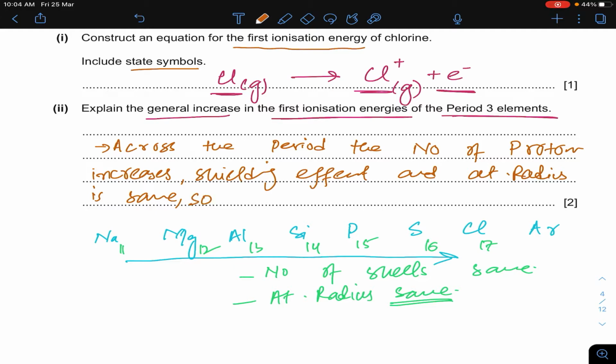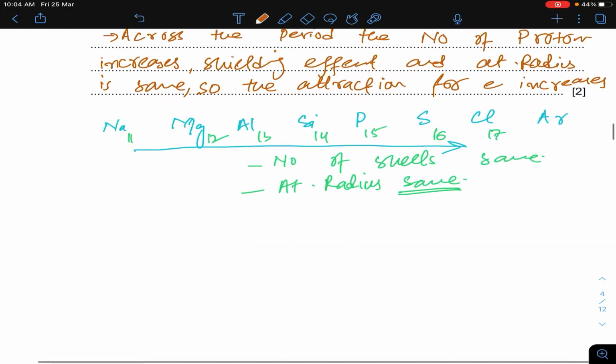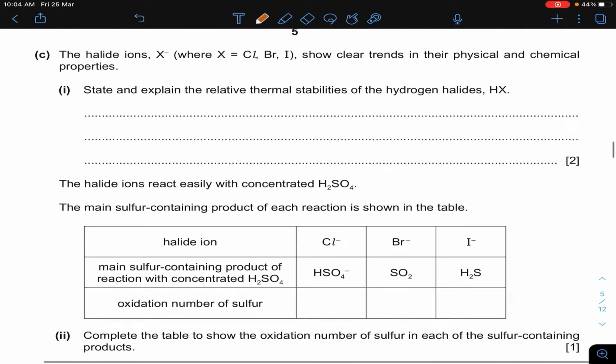So the attraction for the electrons increases, so it becomes difficult to lose an electron. Alright, so across the period the ionization energy increases because nuclear charge increases. The pull of the nucleus on the electrons increases, so it becomes difficult to lose an electron.